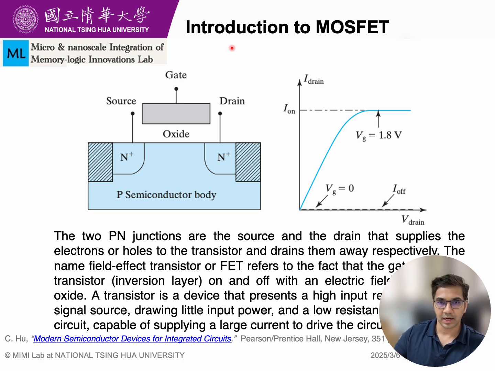Basically we can think of a transistor as a water faucet. The gate is the handle which controls the flow of water between source and drain. MOSFETs are quite essential because they can be scaled, they are efficient, and they are fast.